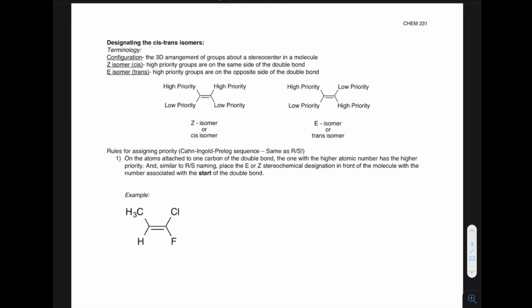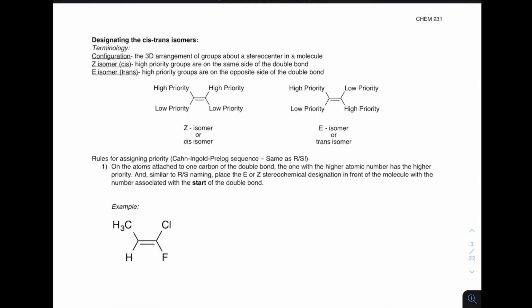So in general, and this is going to be kind of similar to R and S naming, when we have a molecule with different groups attached to the carbon, what we have to do is look at the priority. And what I mean by that is just like R and S naming, where on one atom, we want to look at the highest priority on the bond and the lowest priority.